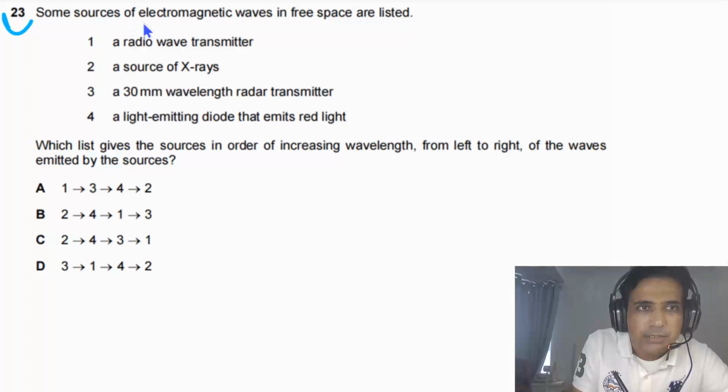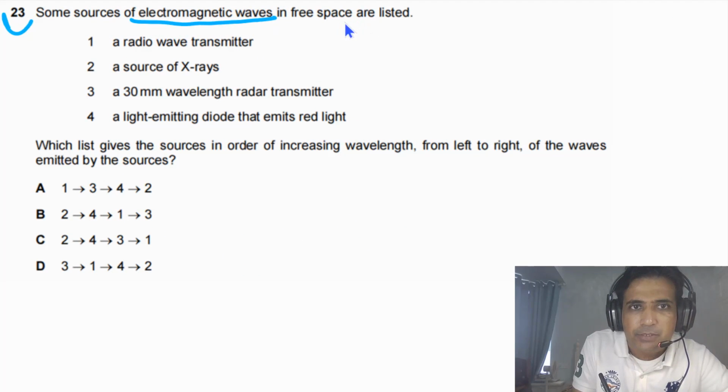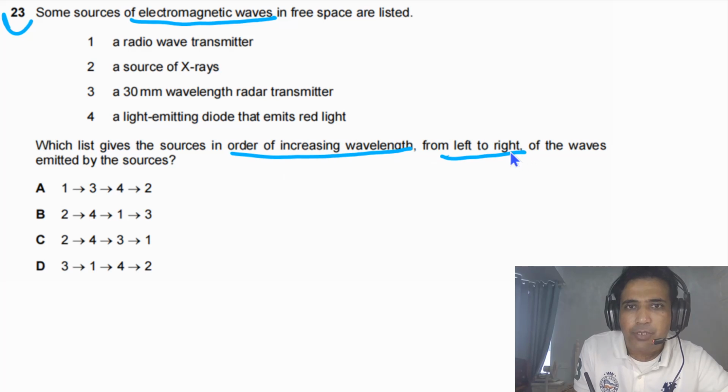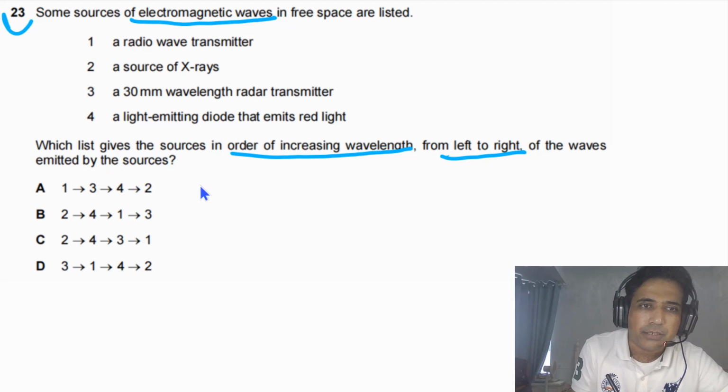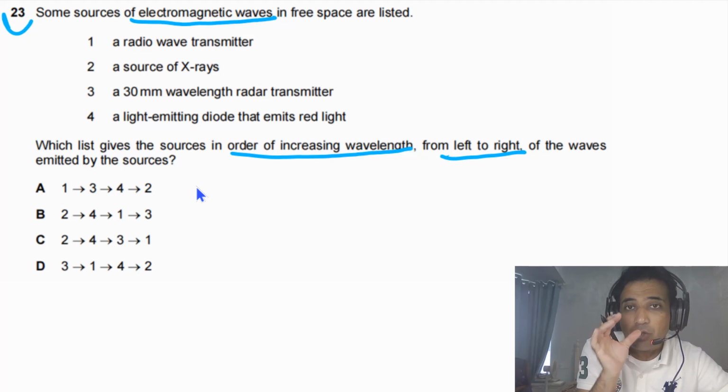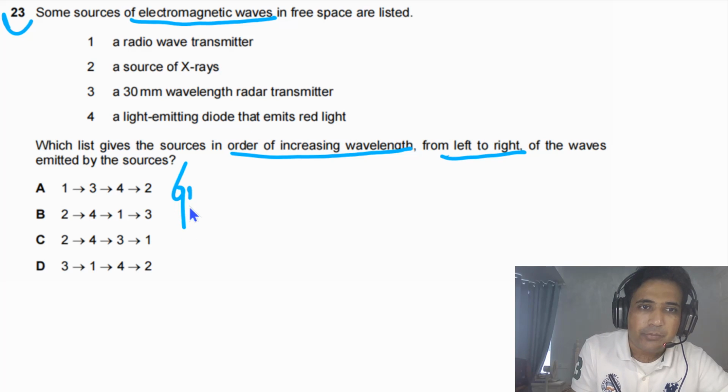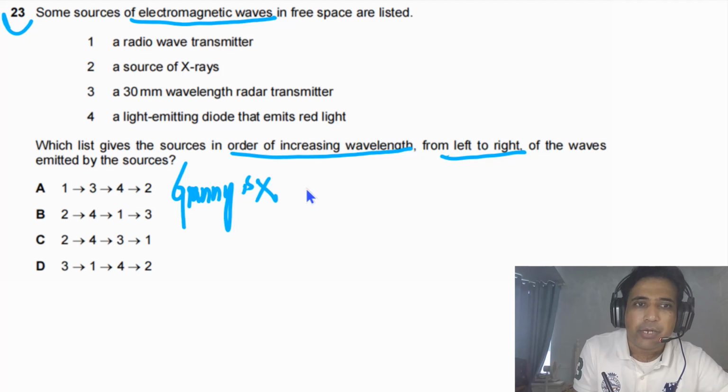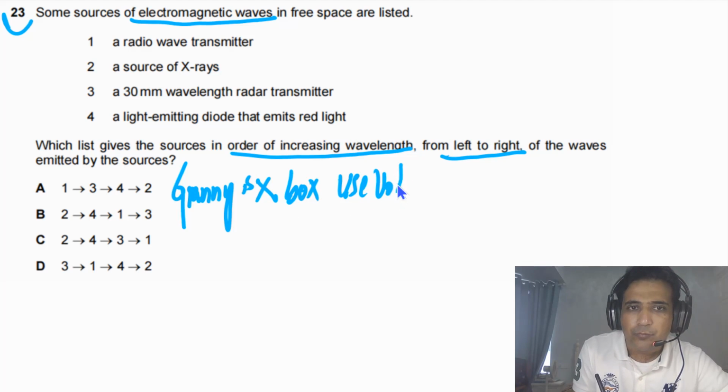Question 23 says some sources of electromagnetic waves in free space are listed. Which list gives the sources in order of increasing wavelength from left to right of the waves emitted by the sources? For this purpose, we need to understand the electromagnetic spectrum, the order of EM waves. One way to remember the order is "Granny's X box use volts in my room."